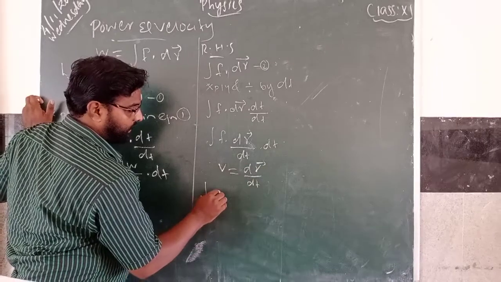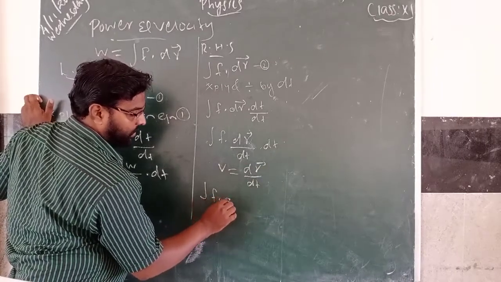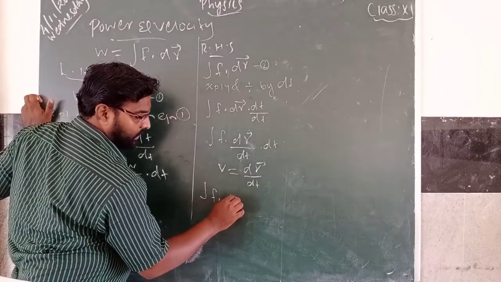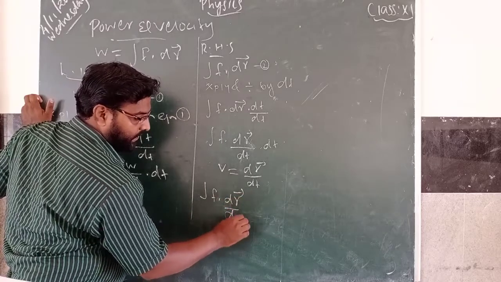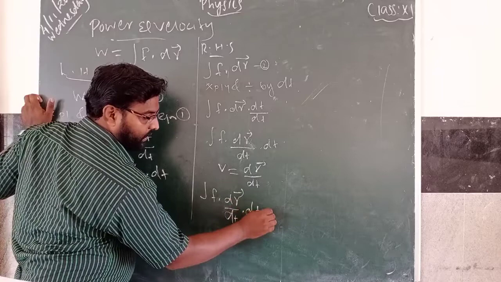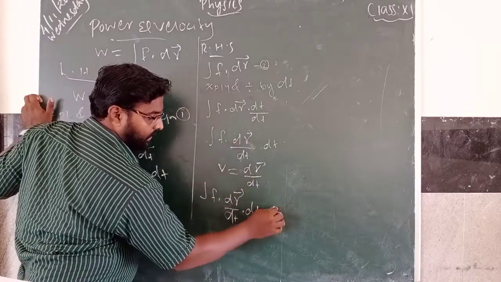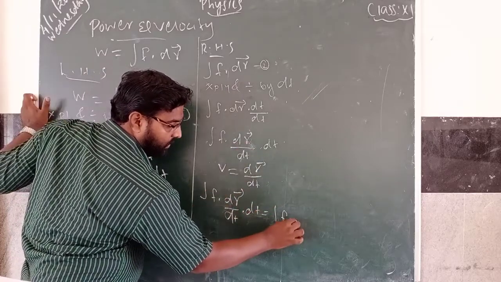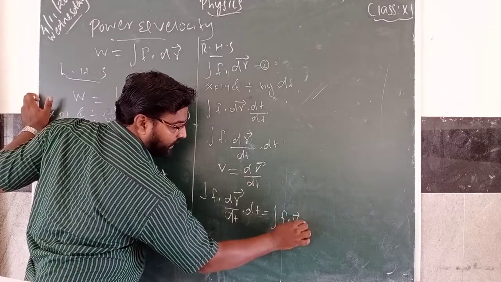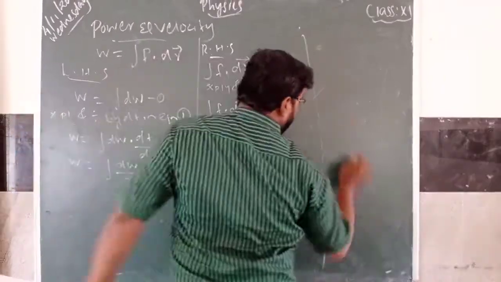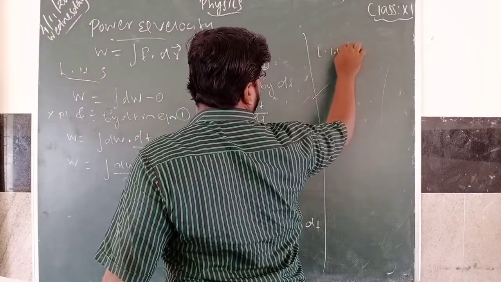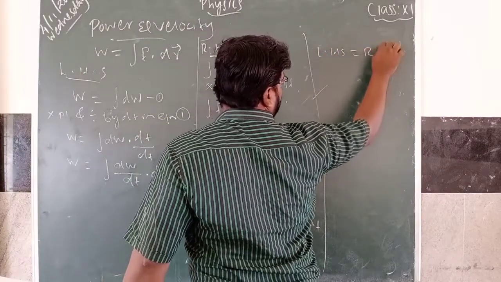So you can write this equation F dot dr by dt into dt. What can you write now? F dot v into dt. Now you take LHS equal to RHS.